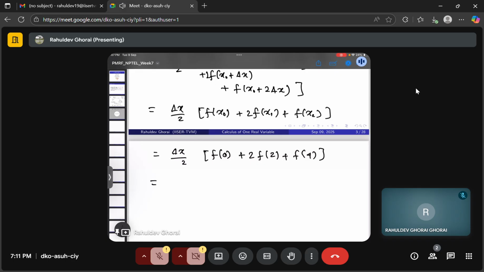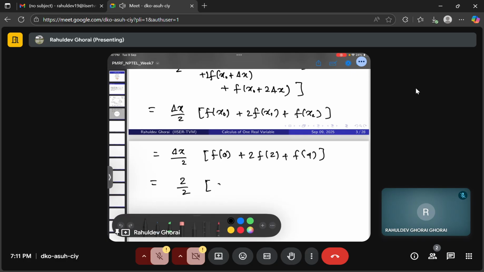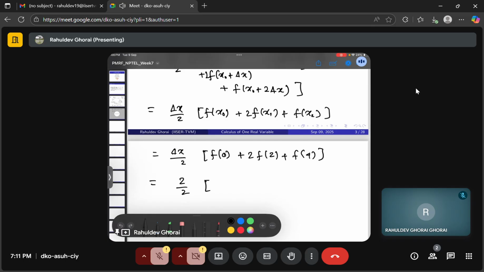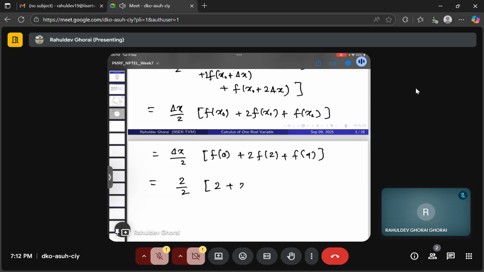Now you know all the values, del x is 2, so 2 over 2 times f of 0 is 0, right? No, sorry, f of 0 is not 0, f of 0 is 2, plus 2 times 4, f of 2 is 4, plus 0, so that is 10.